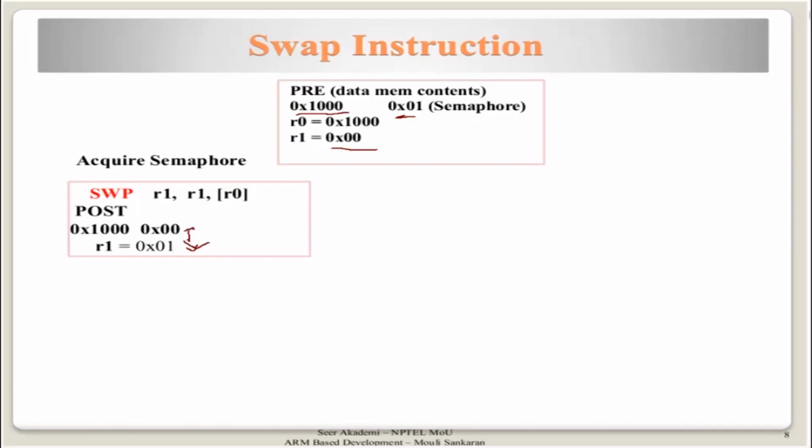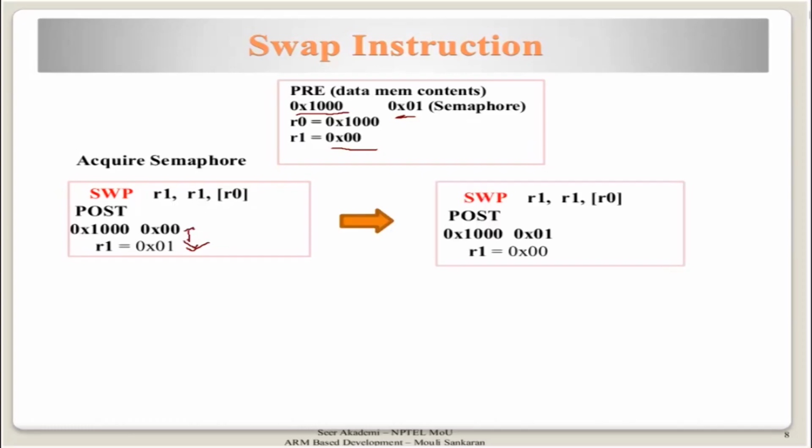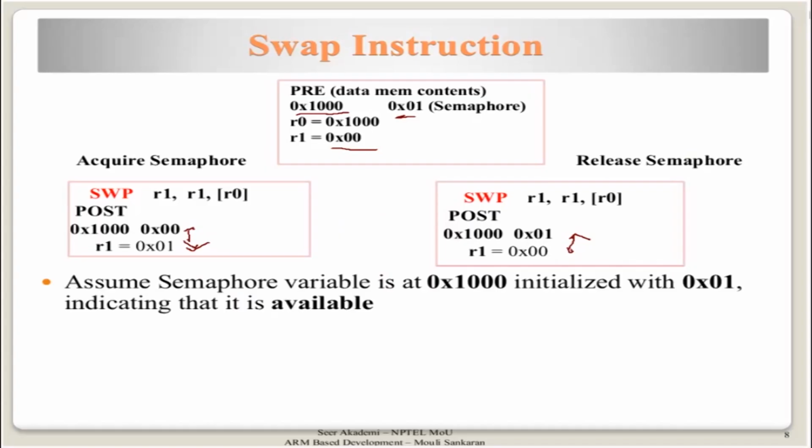Now this is acquiring a semaphore, and releasing a semaphore is doing the reverse of that. Again you do the same thing. They get exchanged, and then the reverse of whatever happened: 1 comes back to this memory, and 0 goes back to R1. So this is the use of this swap instruction, okay.